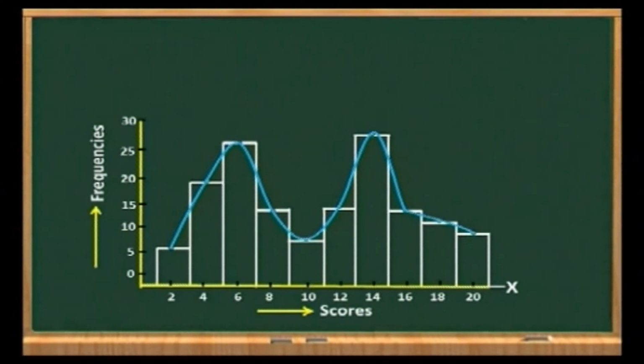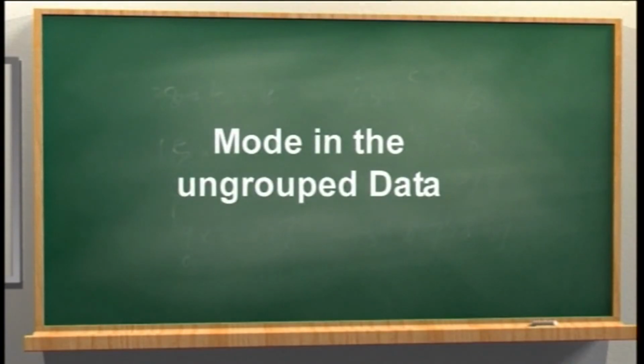Some distributions can even be multimodal, that is, having more than two modes. We may define mode as the point on the scale of measurement with largest frequency in relation to other values in the neighborhood. Let's now find mode for ungrouped data.